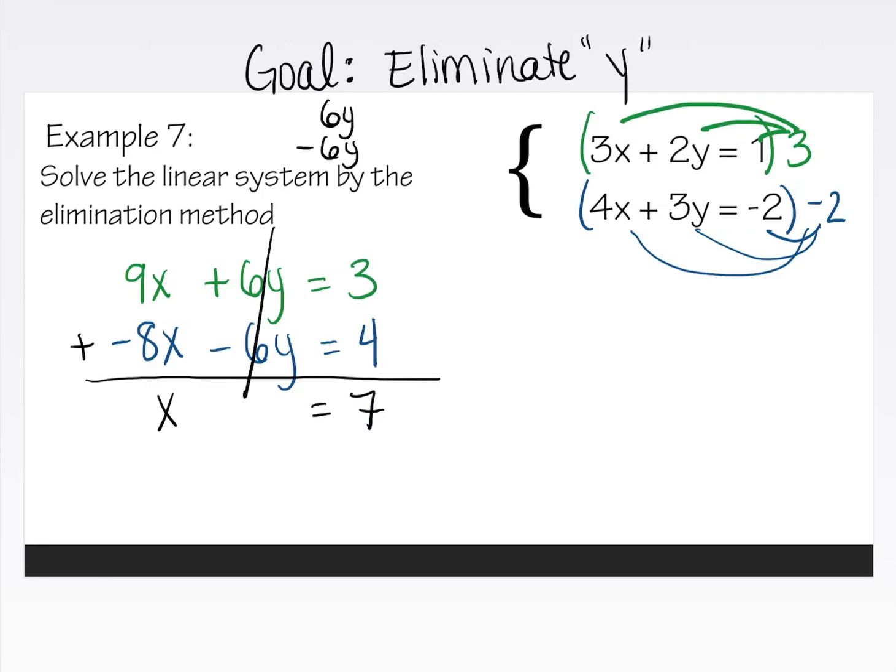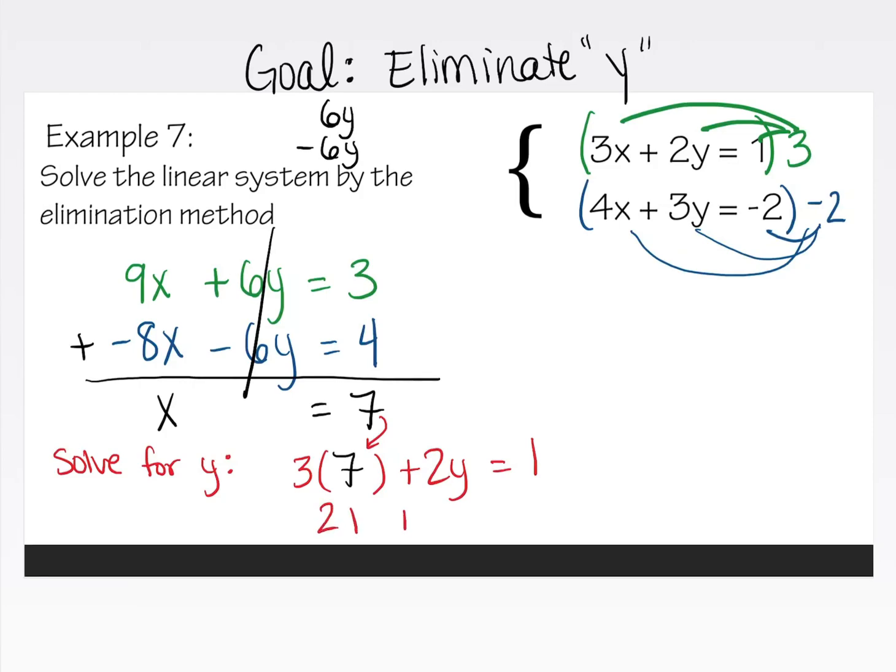So here I actually don't need to isolate my variable x, it's already isolated. However, I still need to solve for y. So I can plug back into an original equation. Let's do 3 times 7, that is my x, plus 2y equals 1.